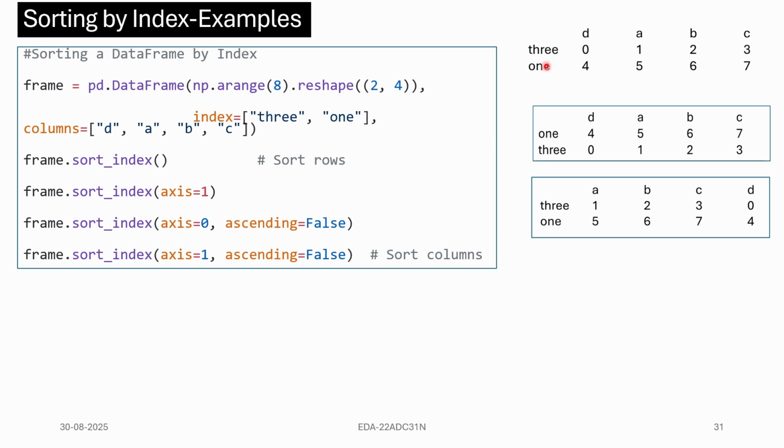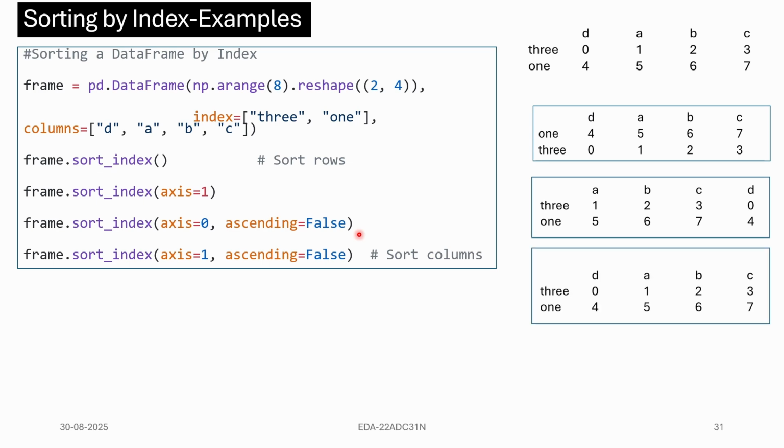What is the descending order? 3 followed by 1. So there won't be any change in the data frame when you apply sort_index with axis equal to 0 and ascending equal to false. This is the corresponding output: 3, 1, D, A, B, C. There is no change across the columns, as the index 3 and 1 are already in descending order. That is why there won't be any change.